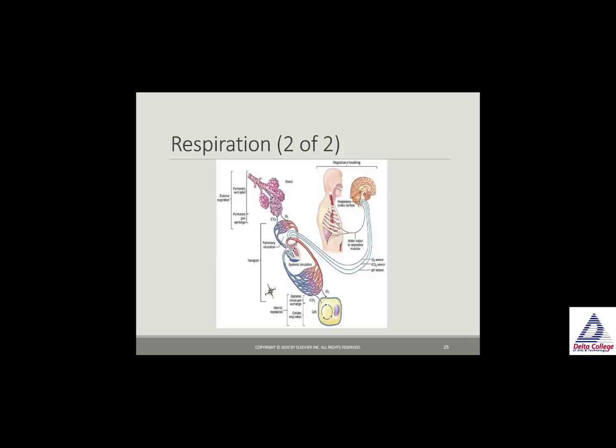You can see this here where regulation of breathing comes from the respiratory control centers in the brain, which innervate our nerves. You can see we've got O2 sensors, CO2 sensors, and pH sensors, all in these little capillaries. Again, external respiration is breathing. Internal respiration happens on the internal cell layer, with oxygen and carbon dioxide exchange.